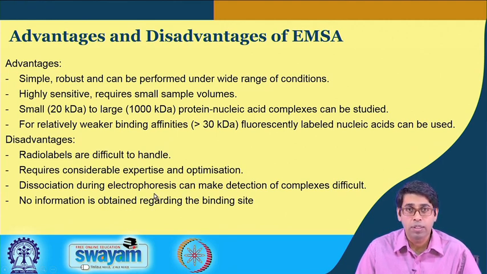Dissociation during electrophoresis can make the detection of the complexes difficult, but we have a workaround for that where we detect the free ligand instead of the protein ligand complex, and it does not provide us any information about the binding site. This limitation is true for most experiments, because what you see is the protein ligand complex, but you do not know exactly where the protein is binding or where the ligand is binding.